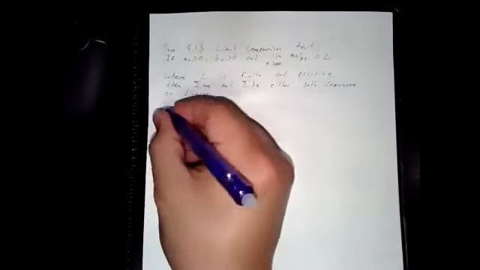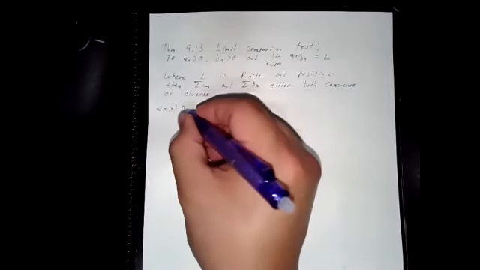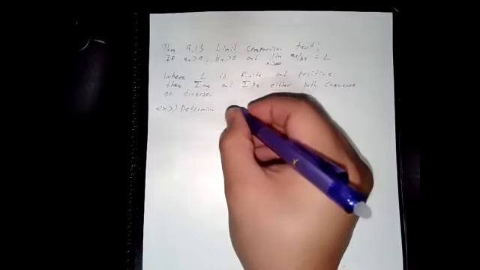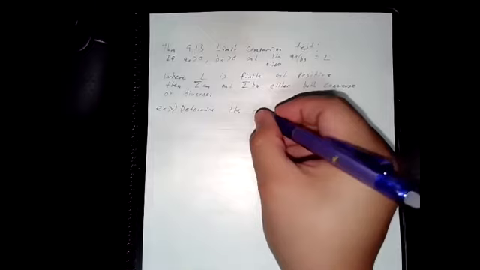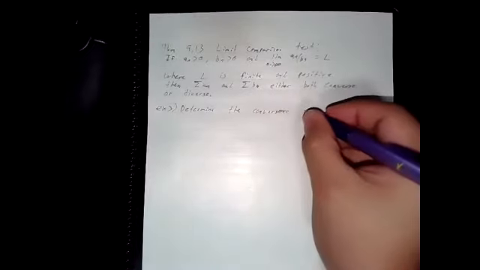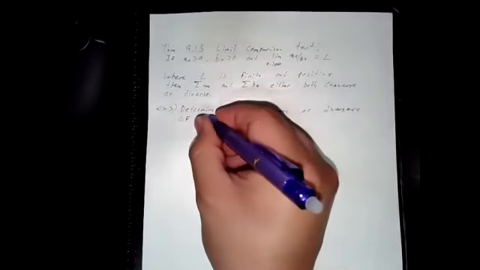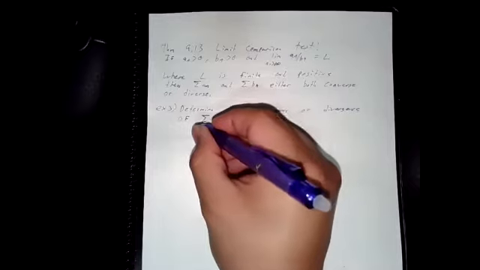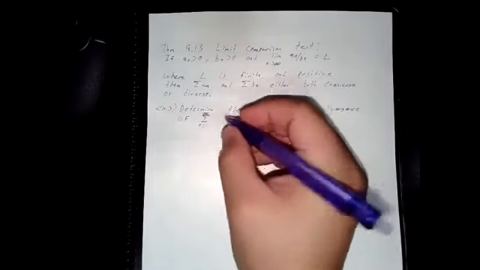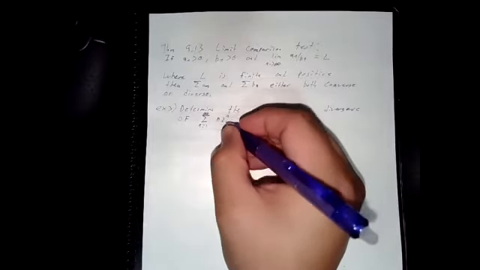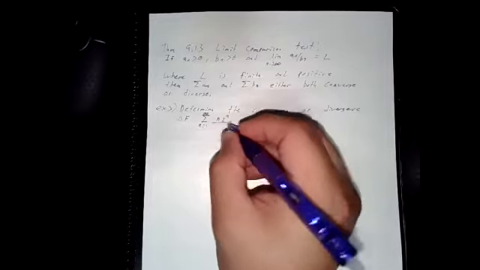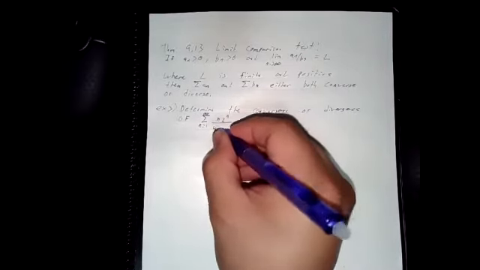So for example, determine the convergence or divergence of n times 2 to the n over 4n cubed plus 1.